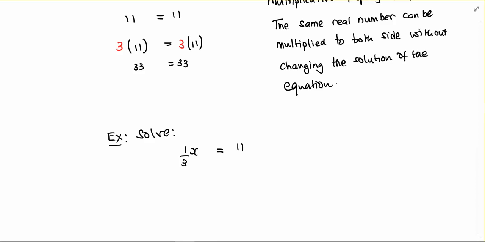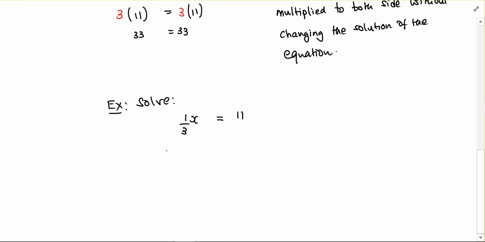Now I can choose any number I want, but if the goal is to solve this equation, I'm going to be really smart. And the number I'm going to choose is the multiplicative inverse. The multiplicative inverse of 1/3 is 3.